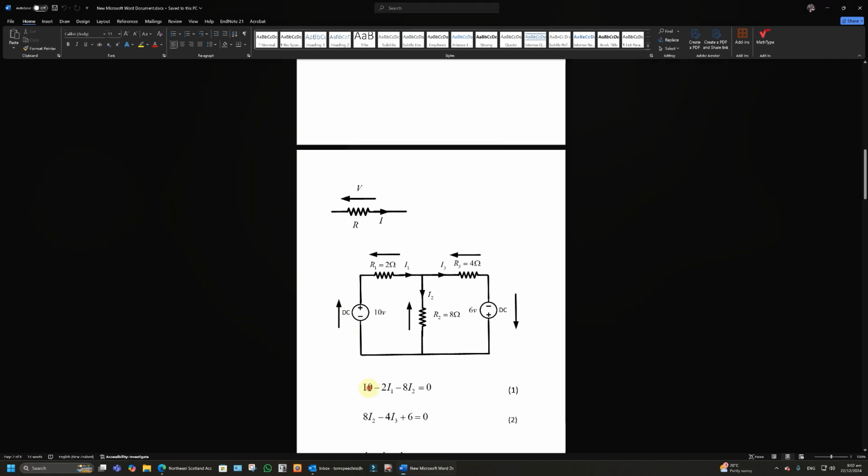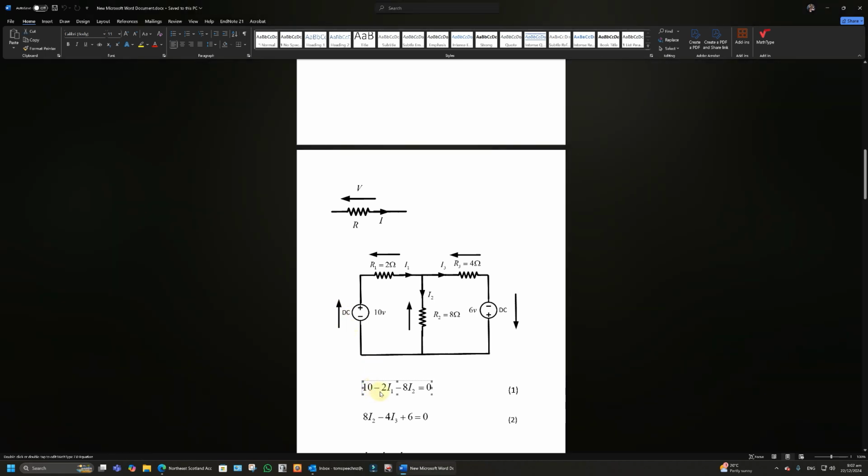So it's 10 down here minus 2I1 by Ohm's law, 2I1 minus 8I2, and we don't know what I1 and I2 are, and equals 0. So we're summing them up to 0, the algebraic sum of the voltages. So you see what's happening. It's the arrows here that are important.